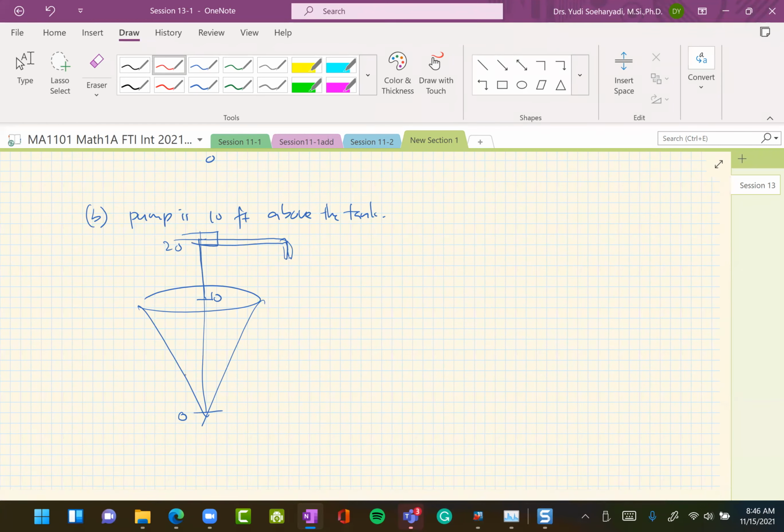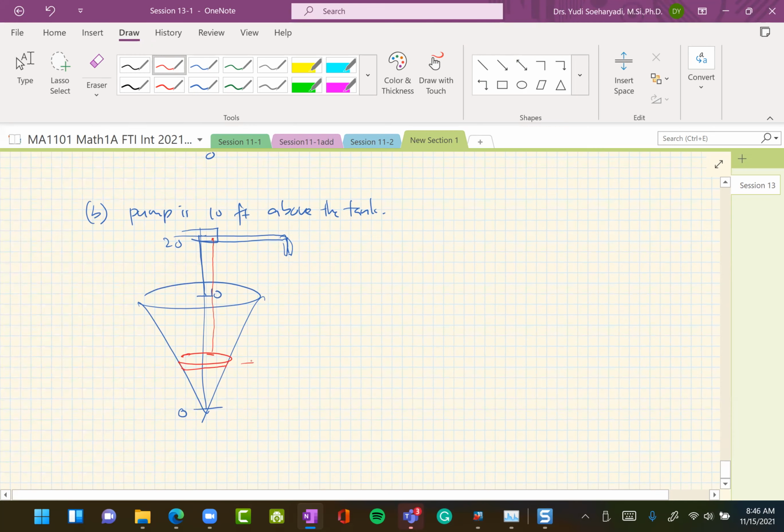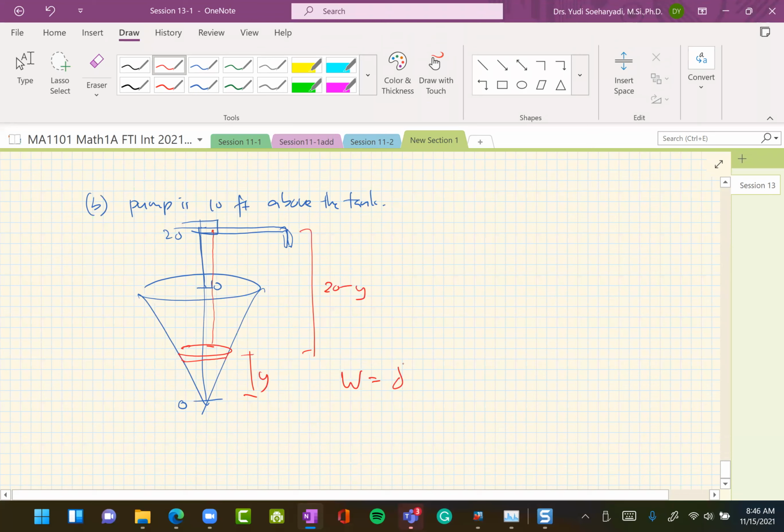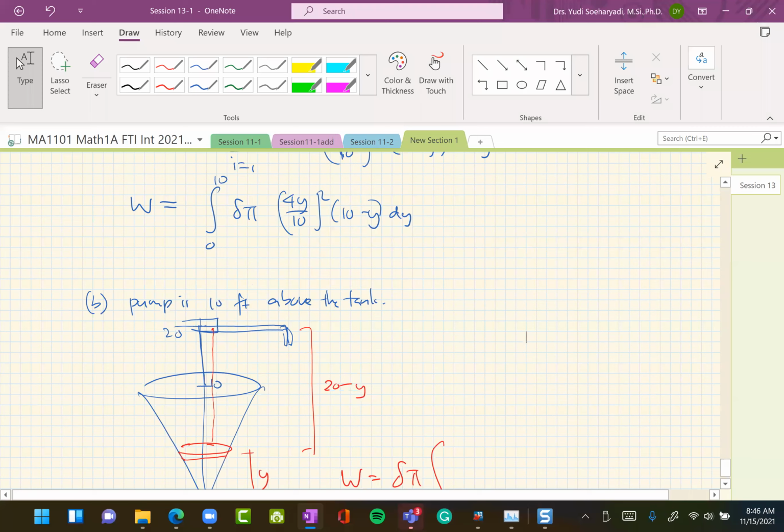So this layer, you're going to compute the mass, the force, and then pump it towards this. If this is y, this distance is 20 minus y. So similarly, we get the work. Exactly the same thing here.